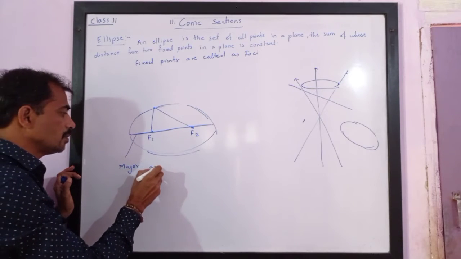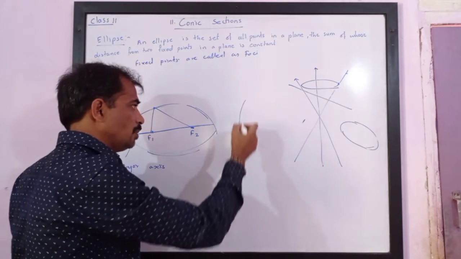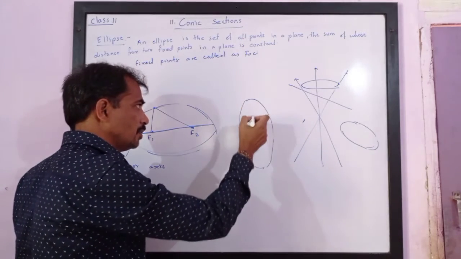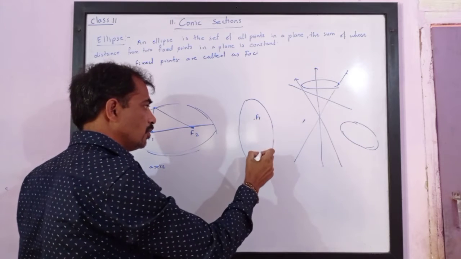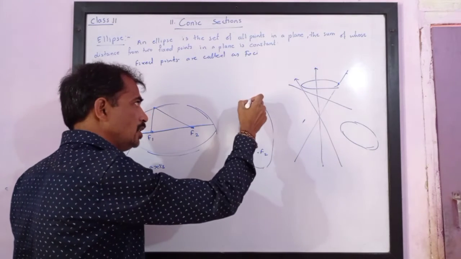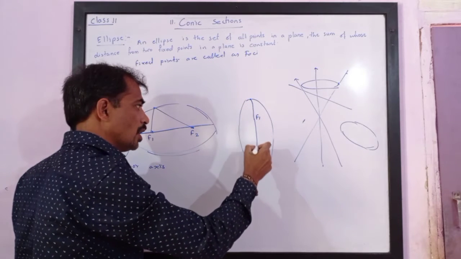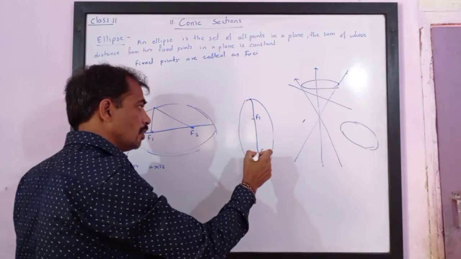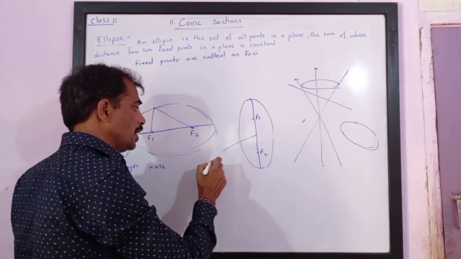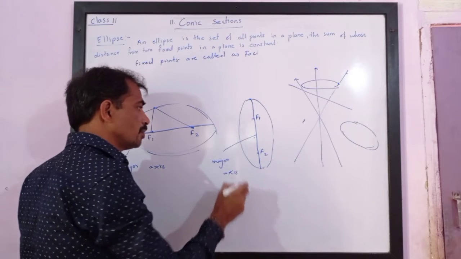If the ellipse is something like this, its foci will be like this, F1 and F2. So the line segment joining two points on the curve and passing through the foci is called the major axis. In this case, the major axis is this.